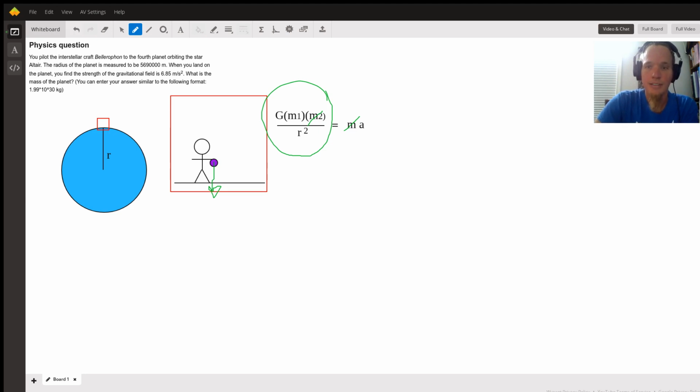So we would have G times m1 is equal to r squared times a. Okay, and then to solve for m1 from there, we would just divide off G on both sides of the equation. So m1 is equal to r squared times a divided by big G.